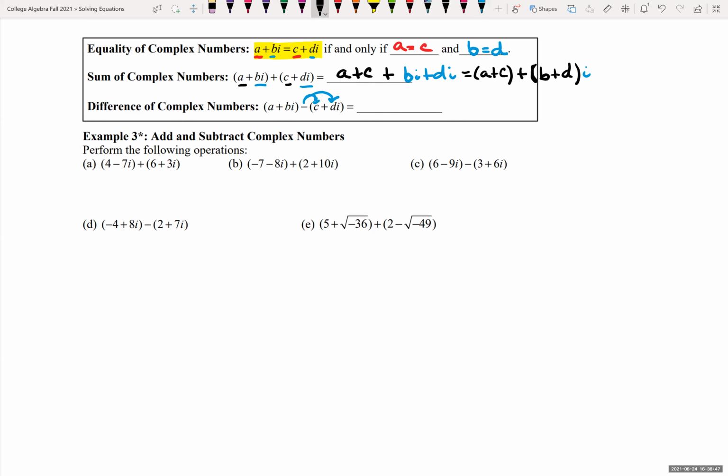And so when we combine the real parts together, it's going to be a minus c, plus bi minus di, which is the same thing as subtracting the real parts, a minus c, and then plus subtracting the imaginary parts, b minus d, all times i.